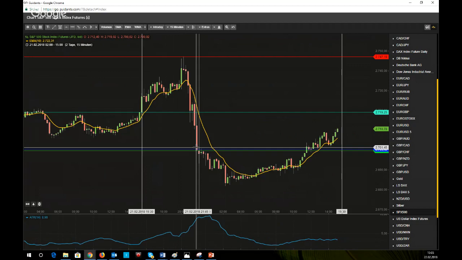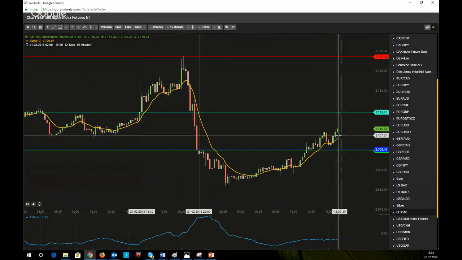My personal opinion, even though I have to wait till we get to see an open range, which has to form starting at 2:30 p.m. GMT. So we have to wait another 25 minutes, and that's the starting point of the trading range. The range will be defined around 3:15 p.m. GMT.